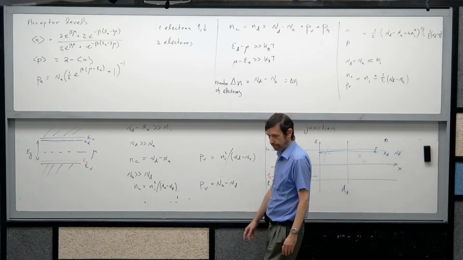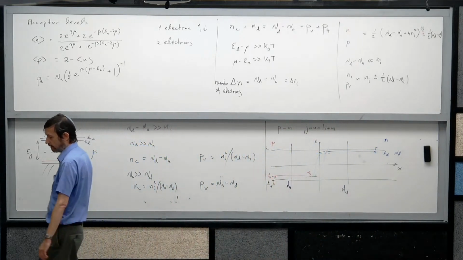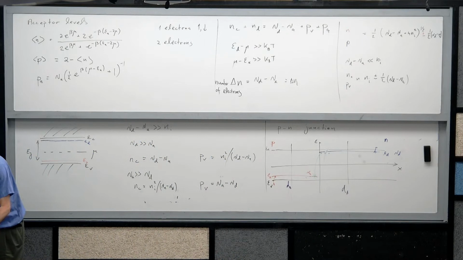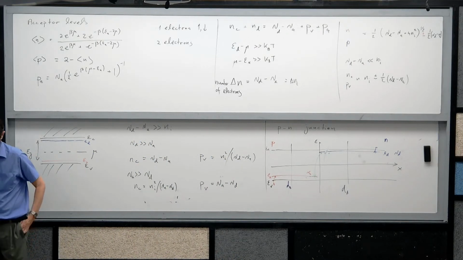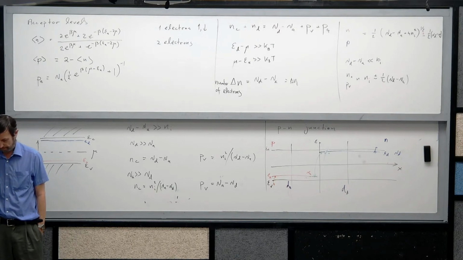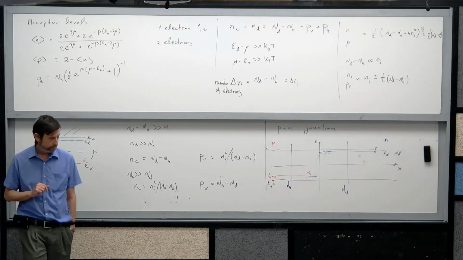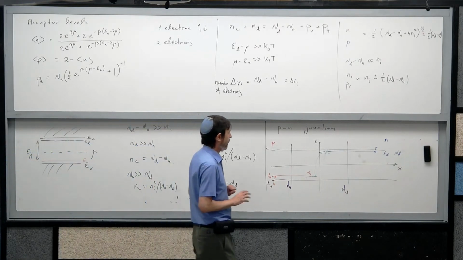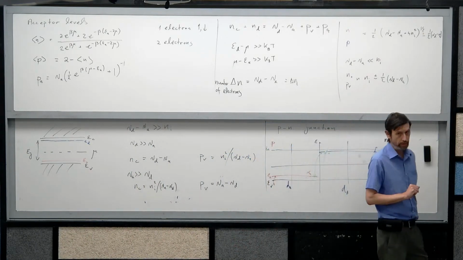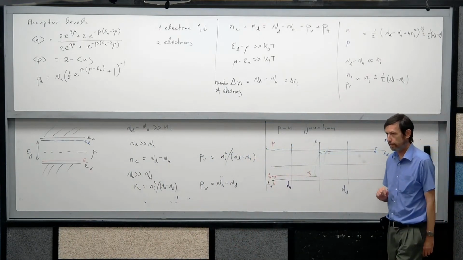So this graph is not completely accurate. This graph doesn't take into account the role of the interaction. So the ED can actually go higher than the... Wait a minute, I'll redraw it with a different notation.